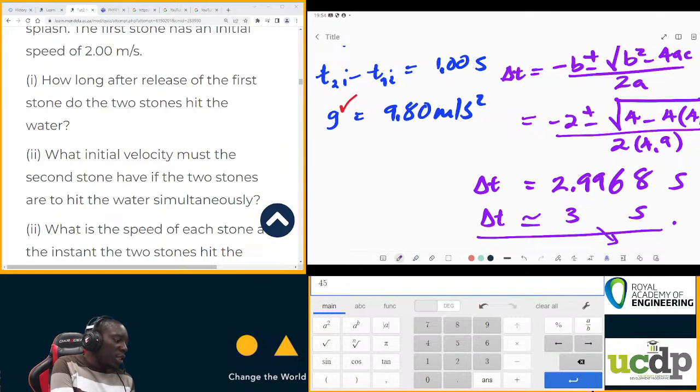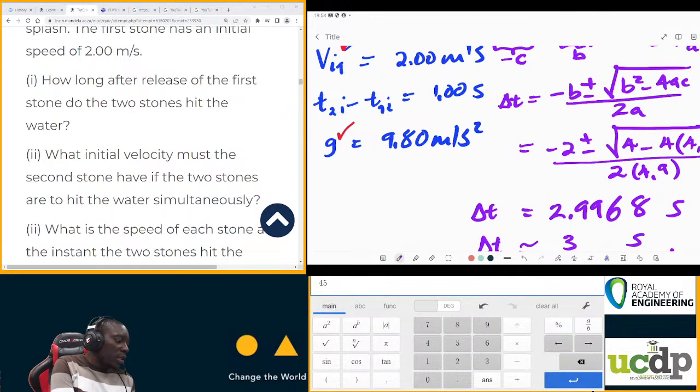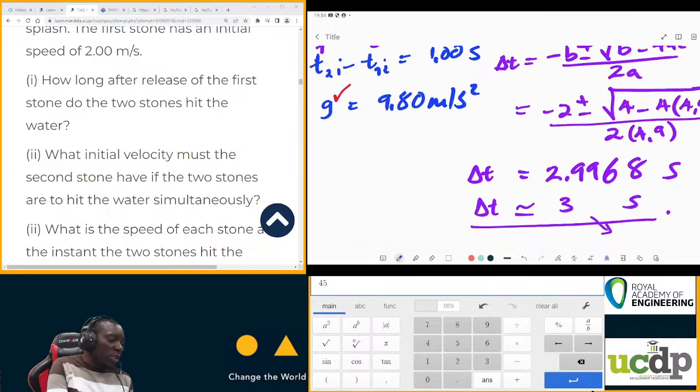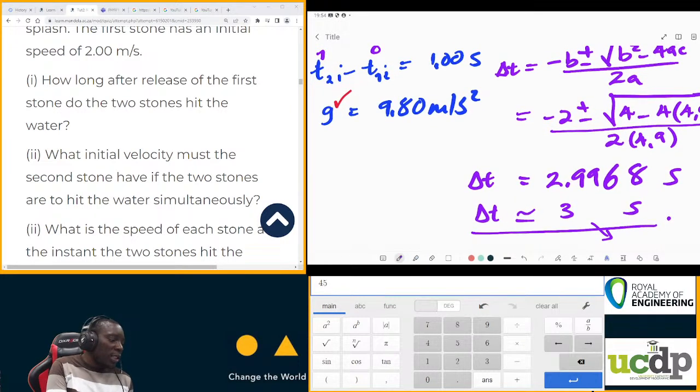If T1 initial is our reference point, which is 0 seconds, then this one is launched 1 second into the motion, and they both reach the water 3 seconds into the motion. It means the time taken by stone 2 is 3 minus 1, so that's 2 seconds in its flight.